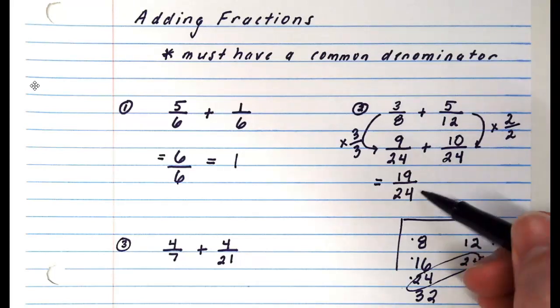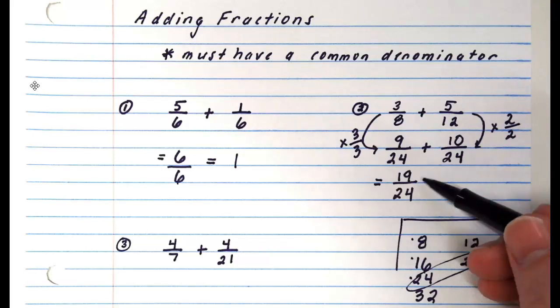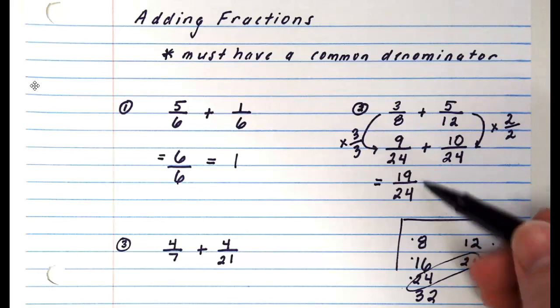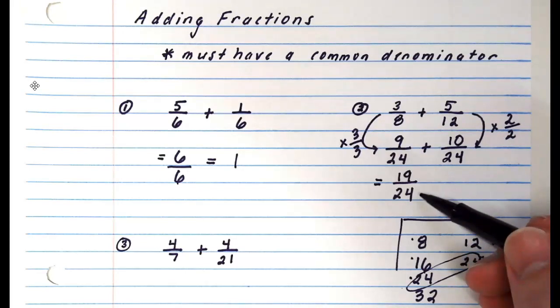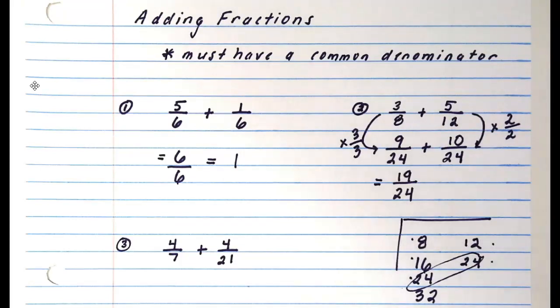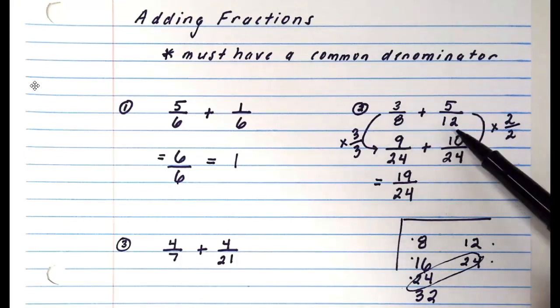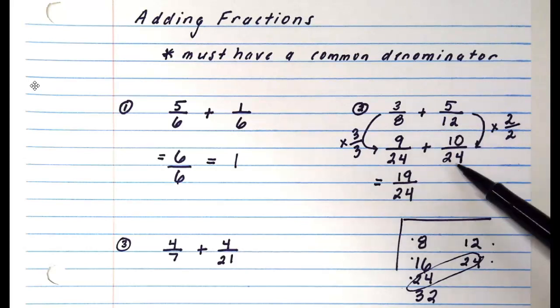Now at this point we try to see if we could simplify this, but 19 is a prime number, so it has no factors other than 1 and itself, and 19 does not go perfectly into 24, so we're done. Okay, so that was an example where we had two different denominators, and we had to find a least common multiple that they both fit into.